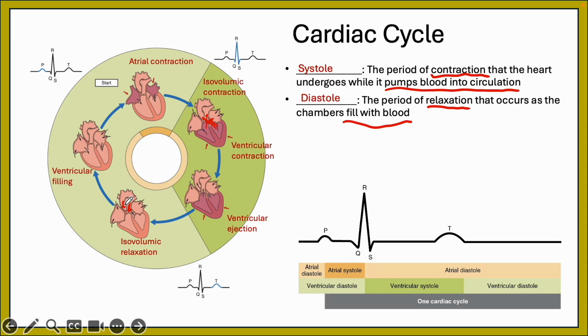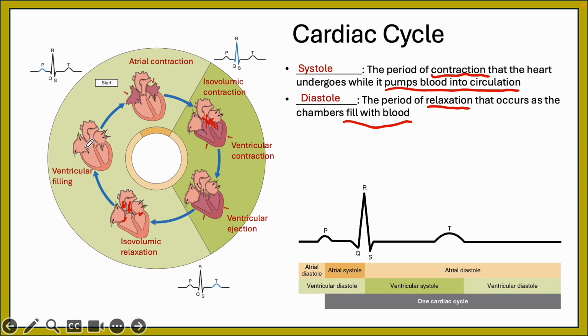The ventricular filling is then going to occur as this is relaxing, but the atrioventricular valves are still closed. So it's isovolumetric because the volume of this has not changed and no blood can flow into there.